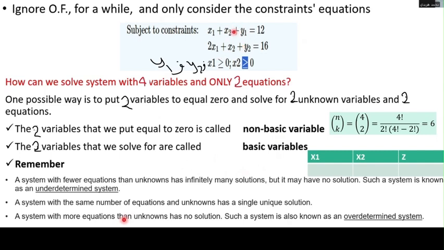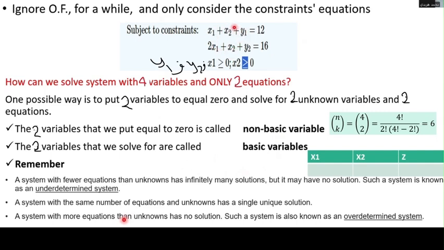If the number of equations equals the number of unknown variables, then we will have a unique solution. If the number of equations is bigger than the number of unknown variables, there is no solution. In our system, we have more variables than available equations, meaning we have an underdetermined system.